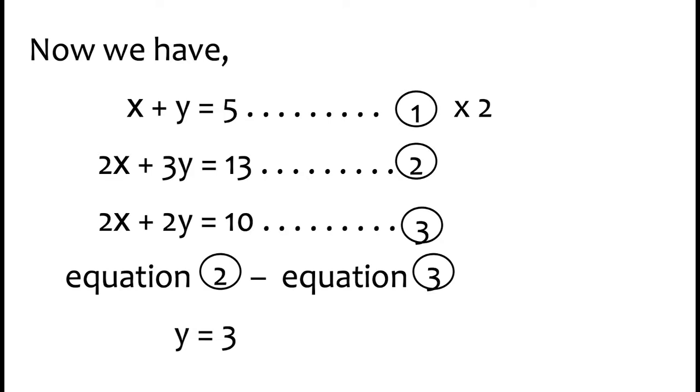To balance x, I multiply equation 1 by the coefficient of x in equation 2, which is 2. So, 2 times x is 2x, 2 times y is 2y, and 2 times 5 is 10. You can now see that I have 2x in the second equation and 2x in the third equation, which means that our x is balanced.